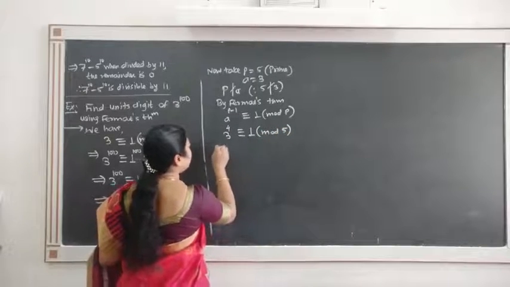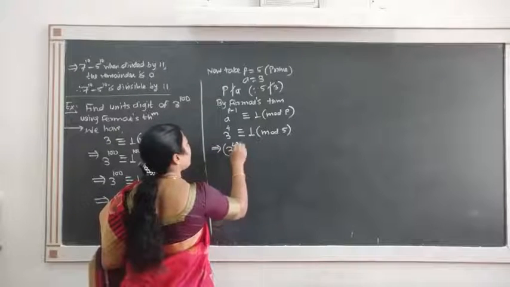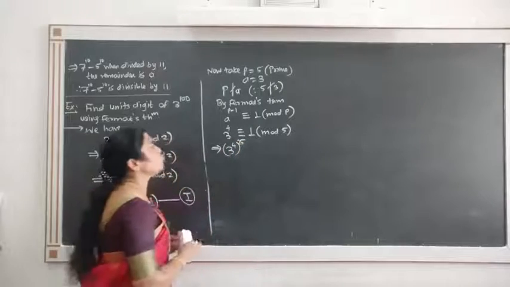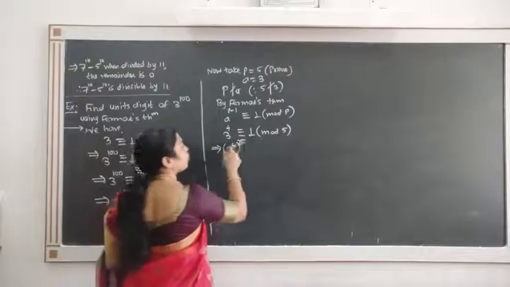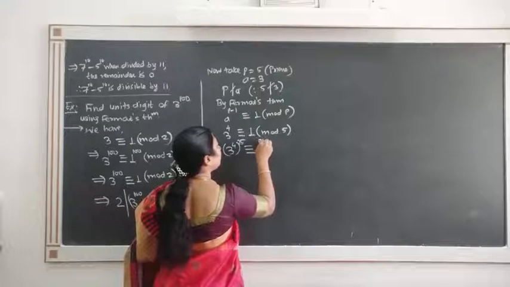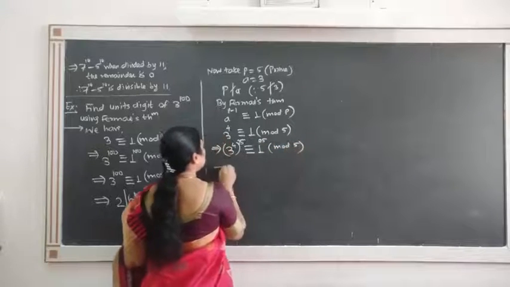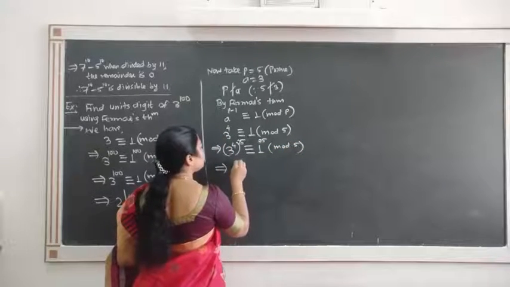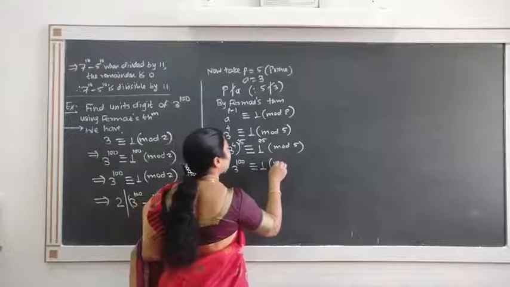This implies that 3 raised to 4, raised to 25. We want to go to 3 raised to 100, so we will take the multiple to be 25 of 4. It gives 100. It's congruent to 1 raised to 25 modulo 5. This implies that 3 raised to 100 is congruent to 1 modulo 5.